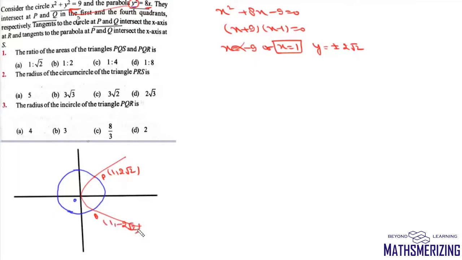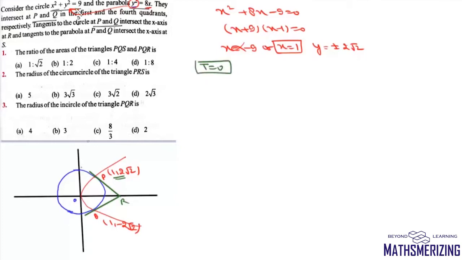Now it says tangents to the circle at P and Q intersect the x-axis at R. So we are drawing tangents to the circle, and they intersect each other at this point R. So we need to find this point R. We know that this point lies on the circle, so when the point lies on the curve, the equation of tangent is given by T equals 0.